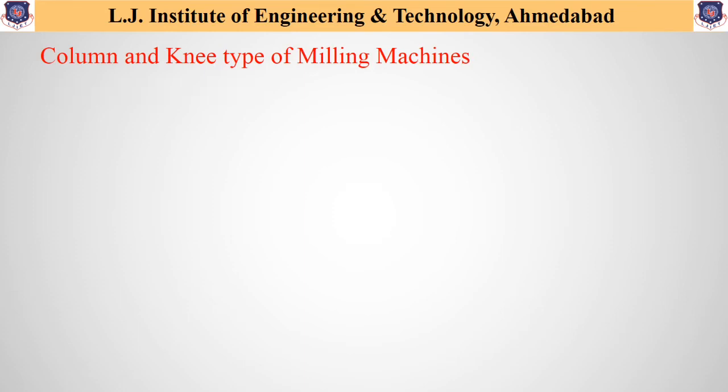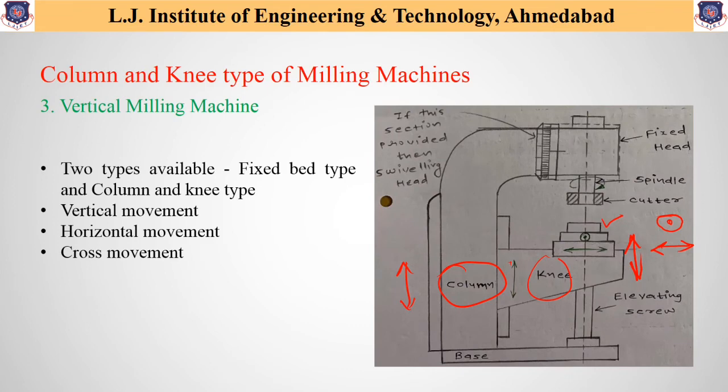So if we look at this figure, just look at this section only, because this section is common in horizontal and vertical milling machines. As we can see, only three movements are possible in horizontal and vertical milling machines: vertical, horizontal and cross.